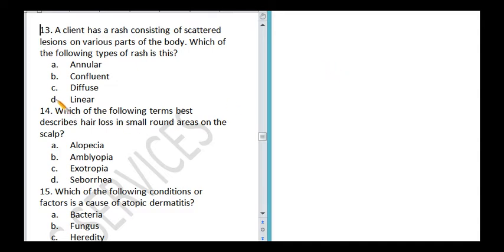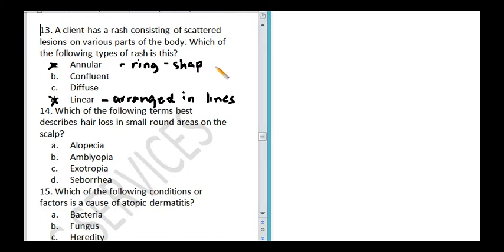Let's eliminate D because linear types of rash are rashes arranged in lines. Next, let's eliminate A because annular rashes are rashes that are ring shaped.